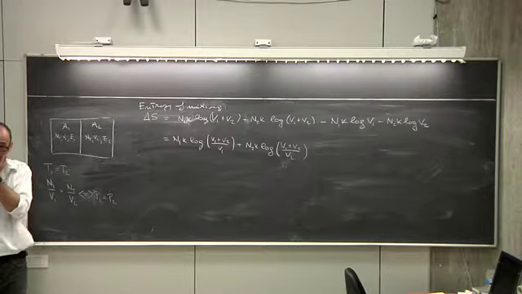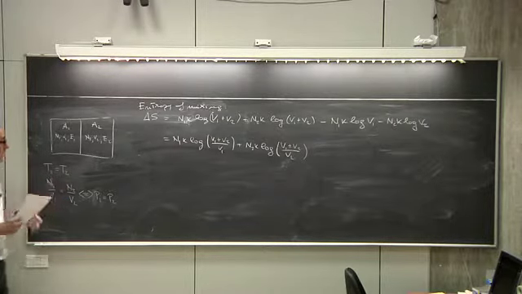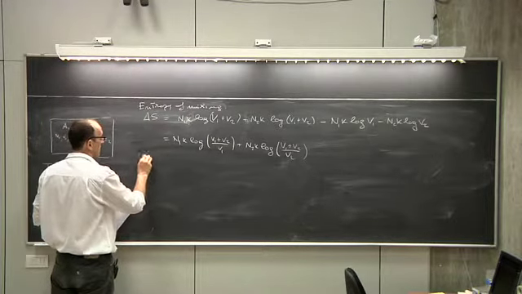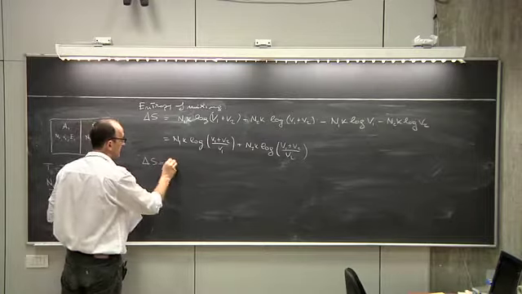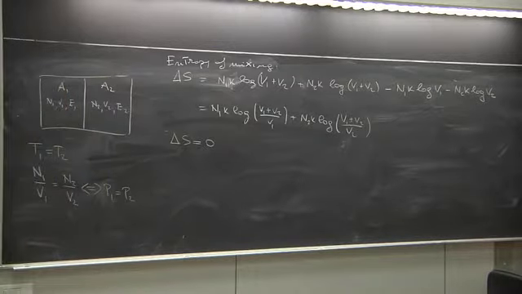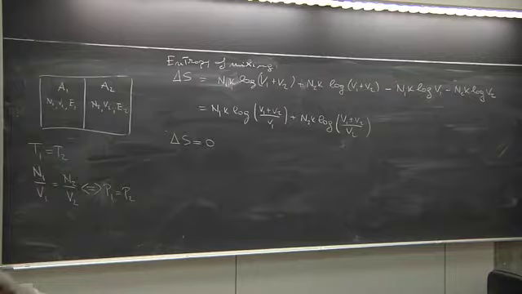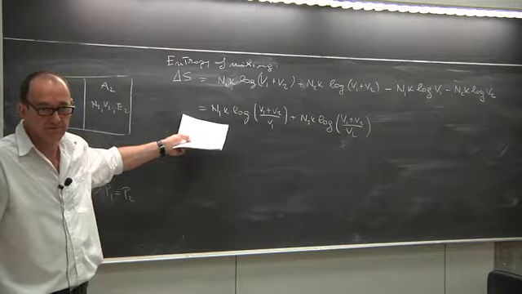Okay. So the change in the entropy must be zero, because this is a reversible transformation. I mean, there is nothing I have changed in the system, so it's a reversible transformation. But if I take this formula and compute the change of the entropy, then I would get this result.